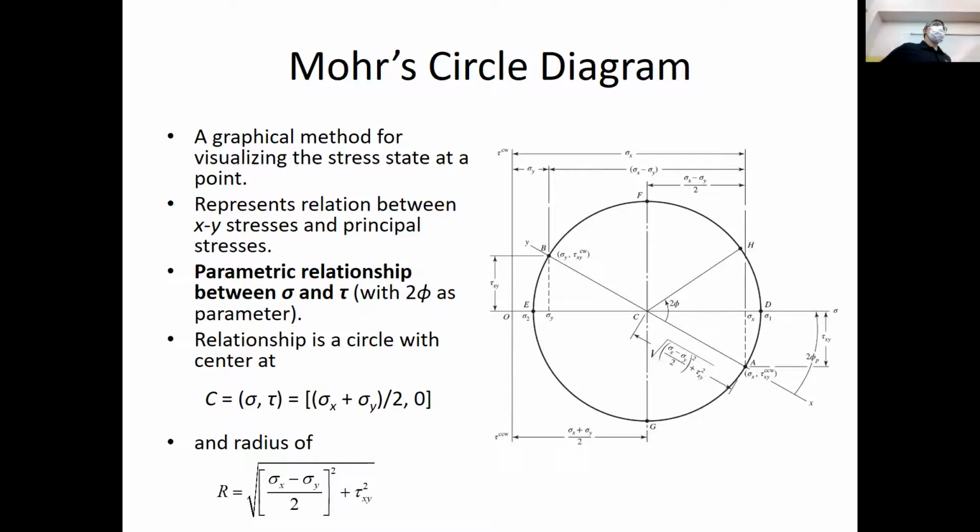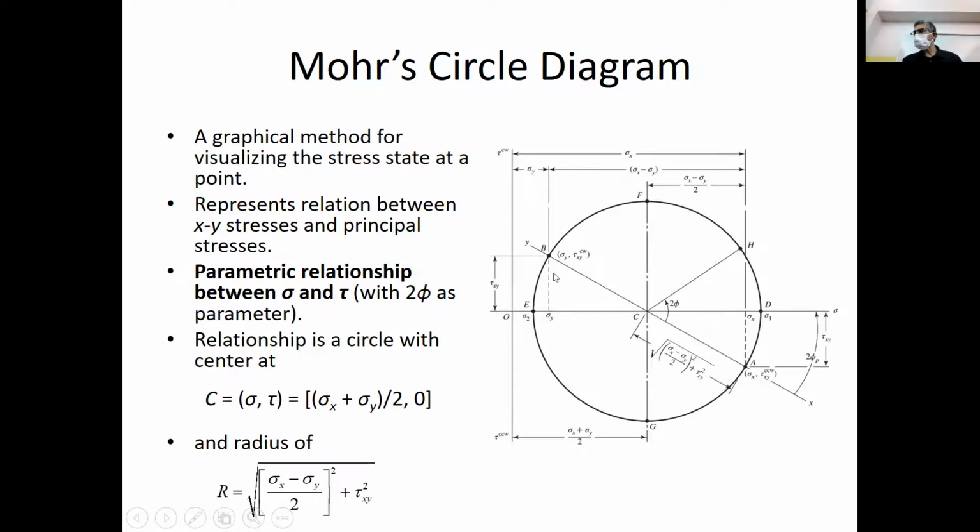Another easy way to draw Mohr circle without doing much calculation is to identify 2 points on orthogonal surfaces, as in sigma x, tau xy, so this is 1 point, and my other point is the state of stress on the y surface. So I have here sigma y, tau xy. Please remember, cross shears are equal.